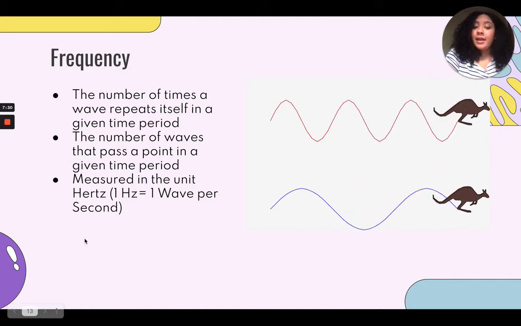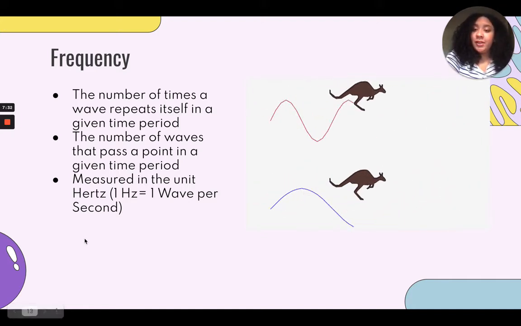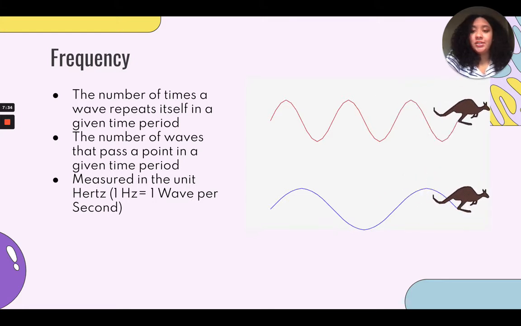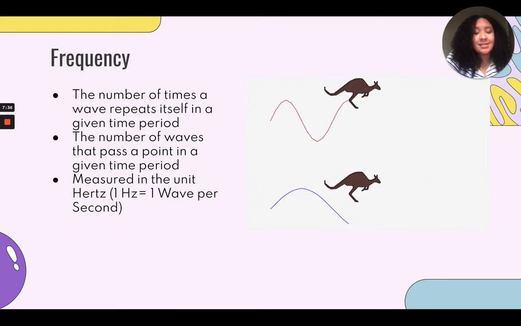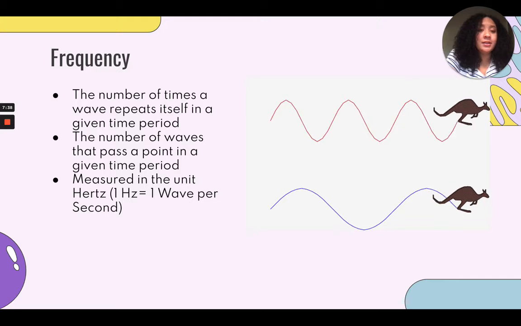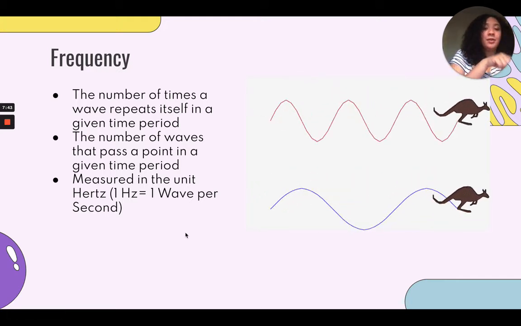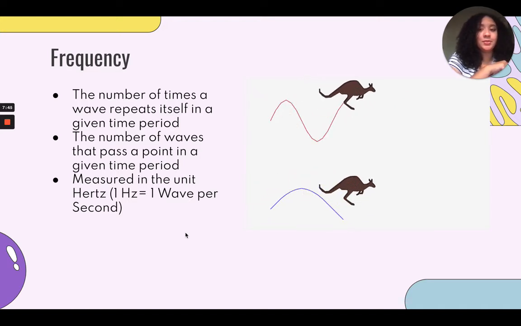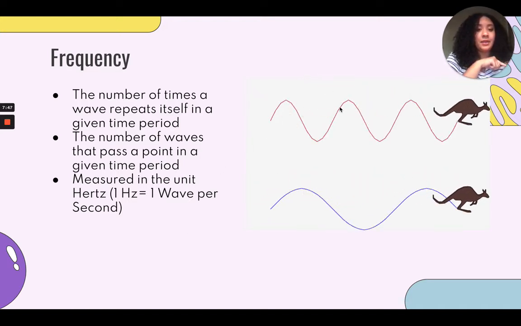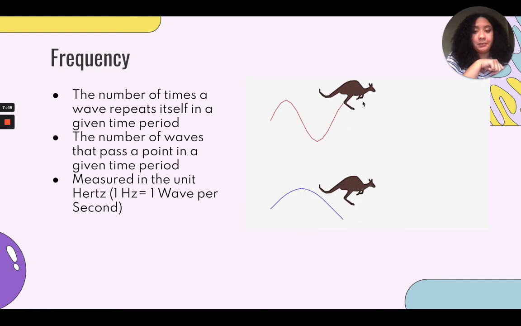And then every wave has a frequency. A frequency is the number of times a wave repeats itself over a given time period. So if we count 1 second and a wave goes up and down, up and down multiple times, that will be 4.